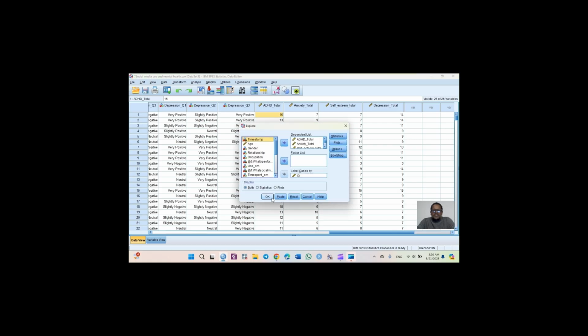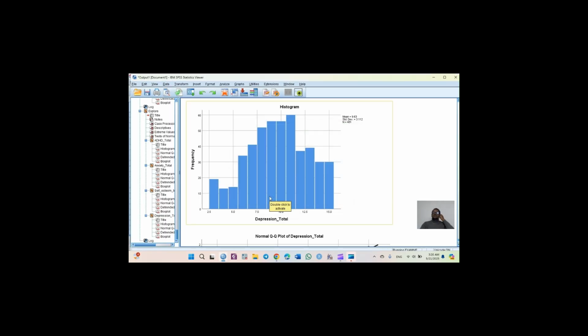So that's important. As a researcher, we always check the mean, the 5% trimmed mean, and the median values. If the numbers are very close, that shows a good sign of normal distribution.